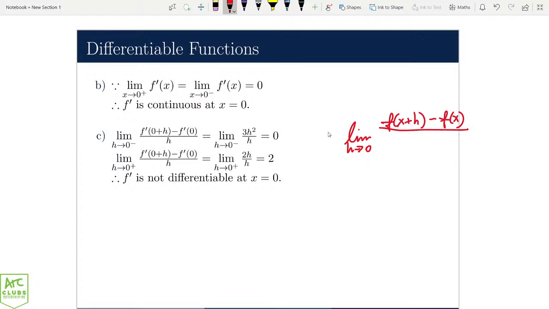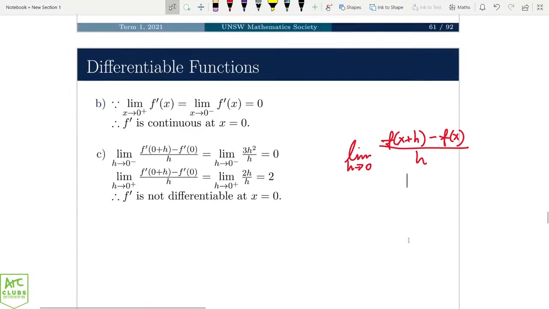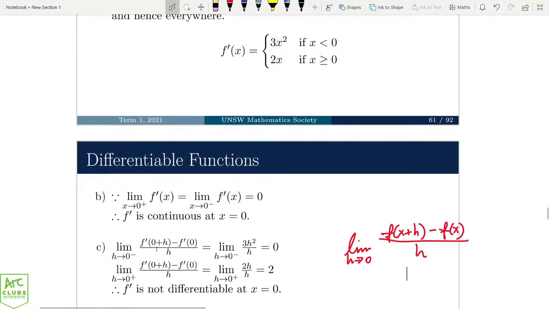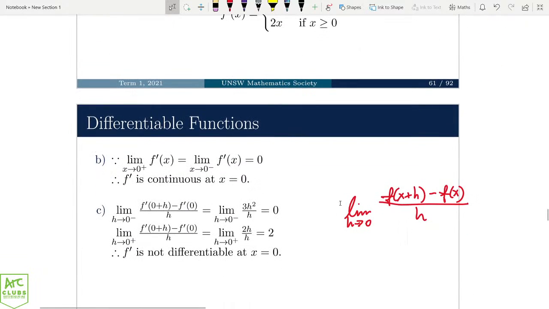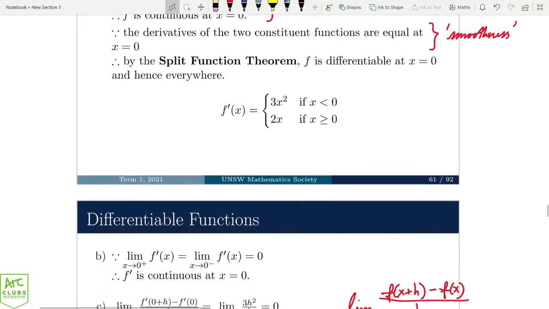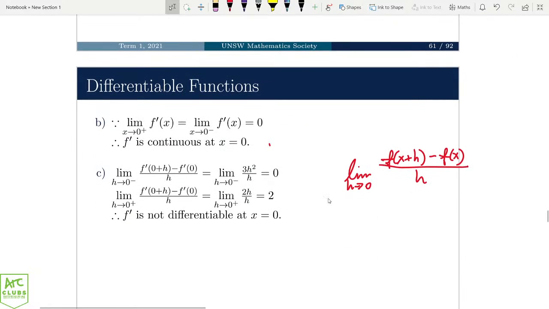So recall this is our definition, which we did in question 5 as well. The only difference between what we're doing here and what we did in question 5 is that we have to look at this particular limit when h is approaching 0 from the left-hand side and the right-hand side separately, because we'll be dealing with two different functions.